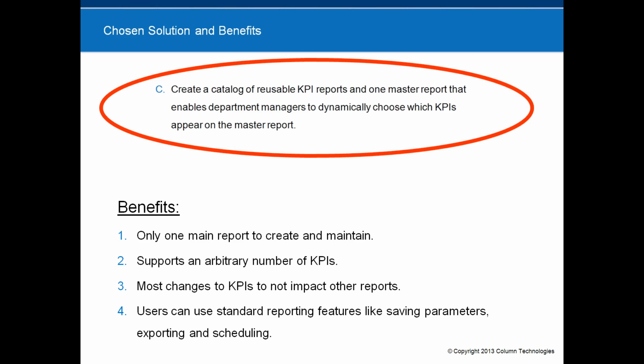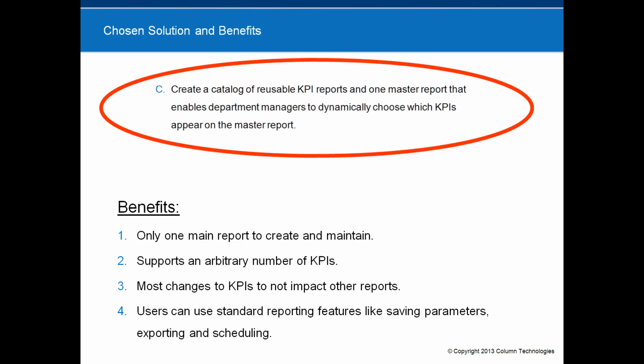And the reason is, with this approach, there'll only be one report to maintain, one main report. Separately, things that change a lot, like which KPIs we offer and changing KPIs, can all be managed as individual reports. So again, one report, and the things that change are managed individually.